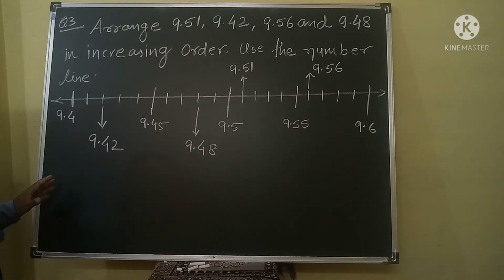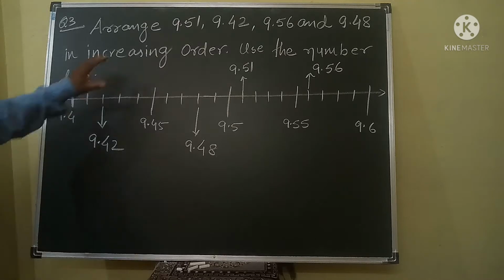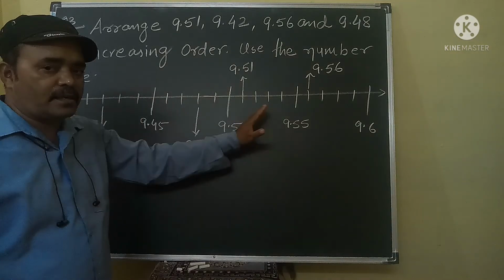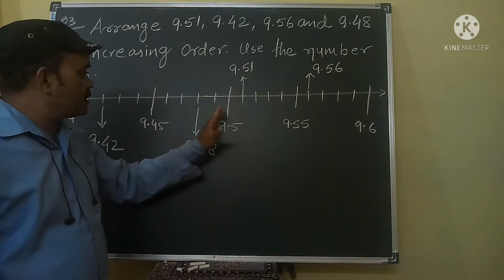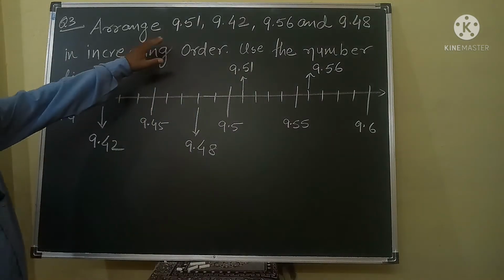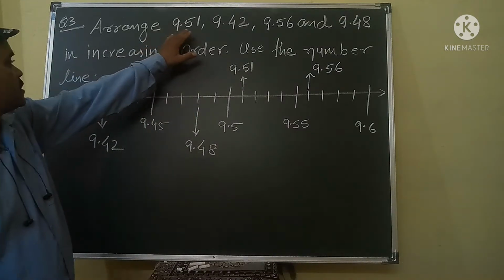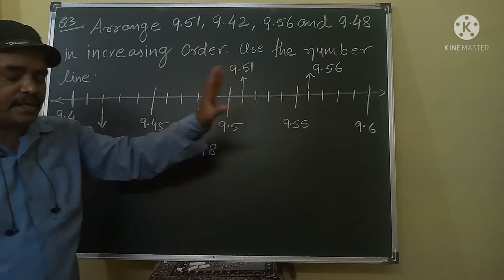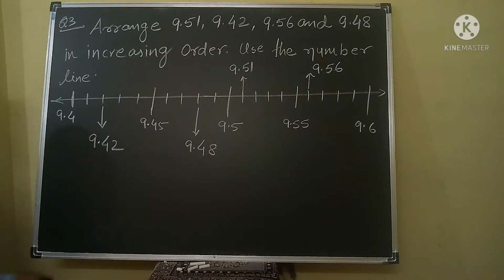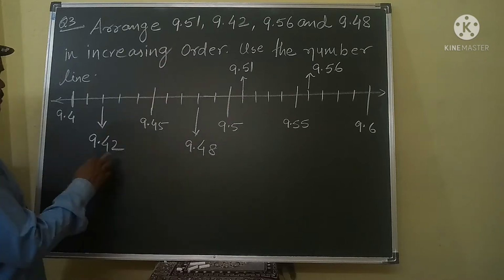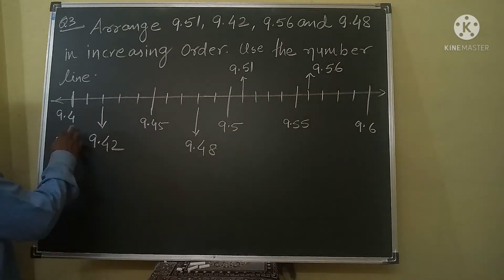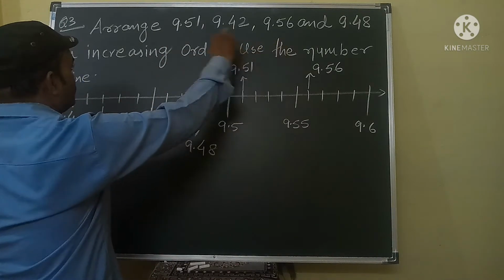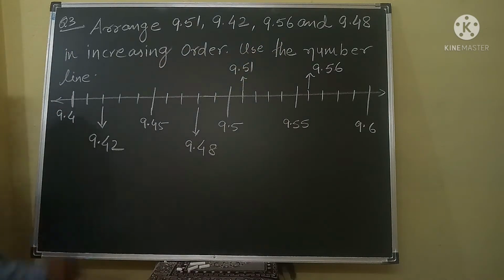So first we arrange the given decimal numbers in the given number line. Okay. Then after that we will write all these decimal numbers in increasing order.